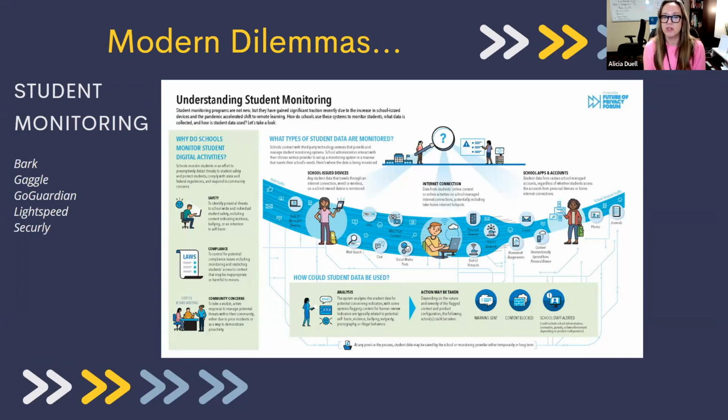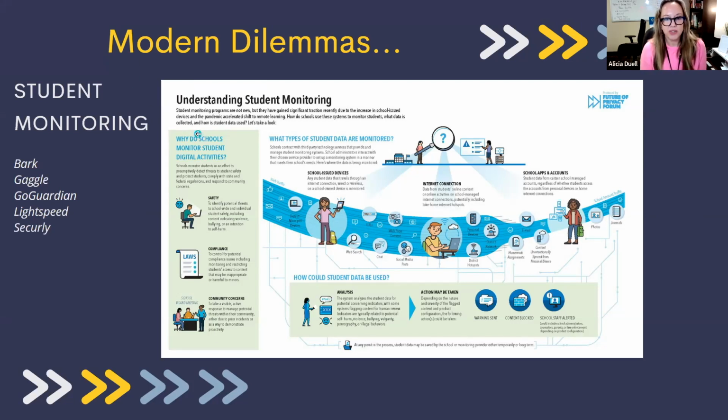When I talk about student monitoring in this sense, I'm not talking about filters, and I'm not talking about something like GoGuardian where you're just monitoring kids during their class period and the teacher is able to close tabs and lock everyone's screen so they have to look up at the front of the room. That's not what I'm talking about. I'm talking about more of the 24/7 background monitoring for self-harm, violence, bullying, drugs, sex, etc.